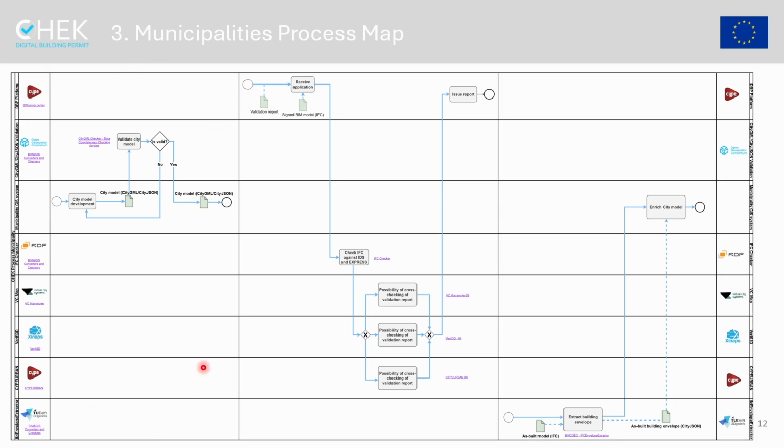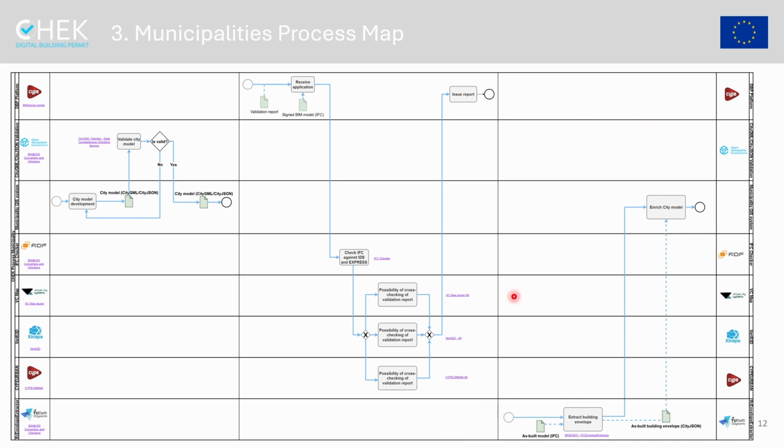And the end of the preparation of the city model just lands before the designer process map. So in simple terms, the municipality does something in the beginning, then designers will come and do a lot of things, as the previous process map mentioned, and then we take on here the process map about what is going to happen in terms of verification by the municipality.